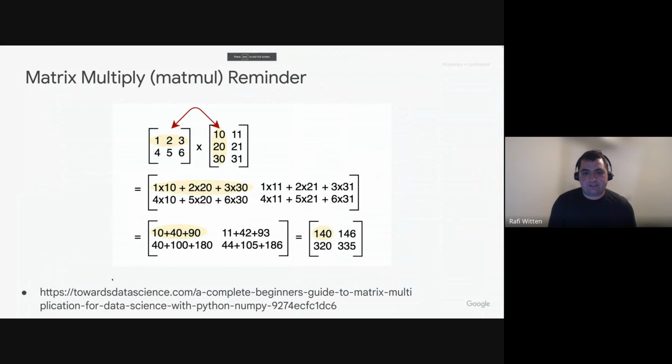Cool. So hopping here, we're going to talk about matrix multiplies. We have a left matrix with rows and columns, and a right matrix with rows and columns, and for each entry in the output matrix, we take a dot product.